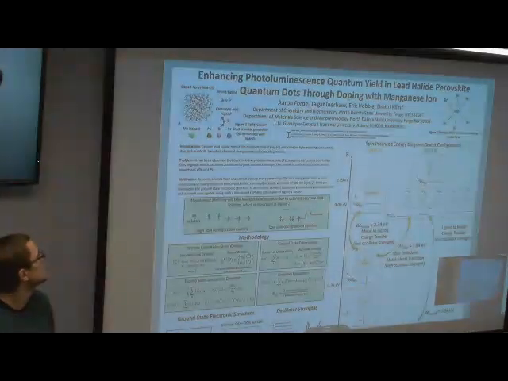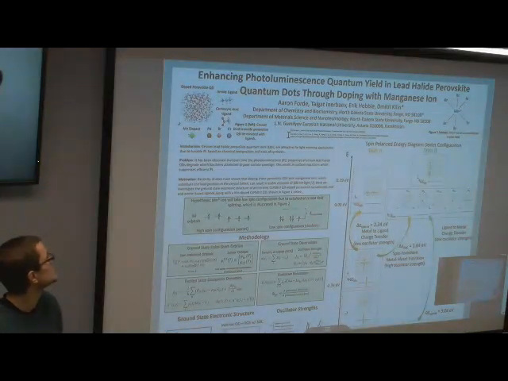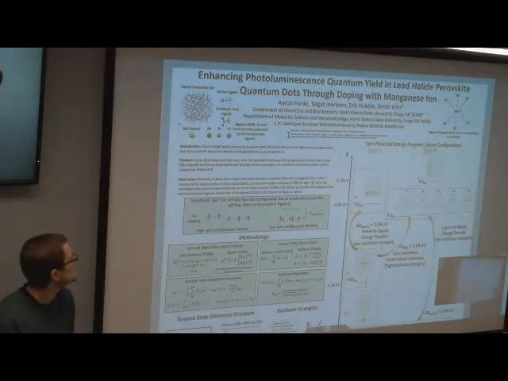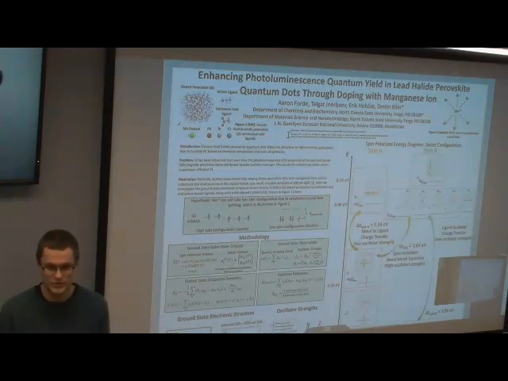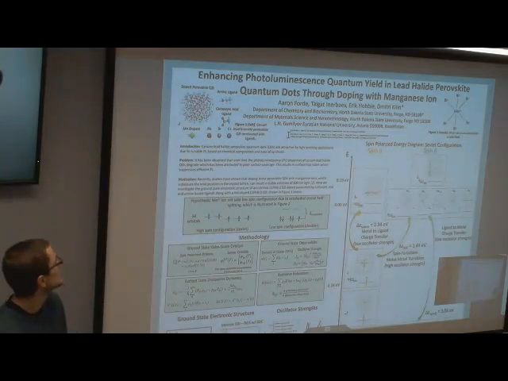Okay, so the project that I've been working on for the last couple of months is focusing on improving the photoluminescence quantum yield of perovskite quantum dots through doping with transition metals. In this case, we're using manganese ion.